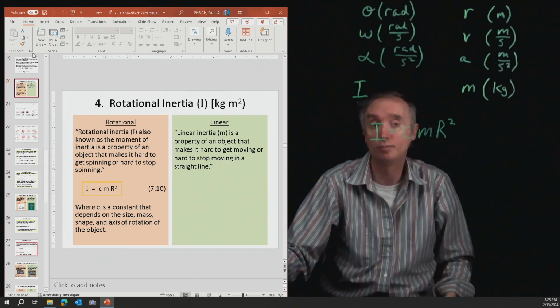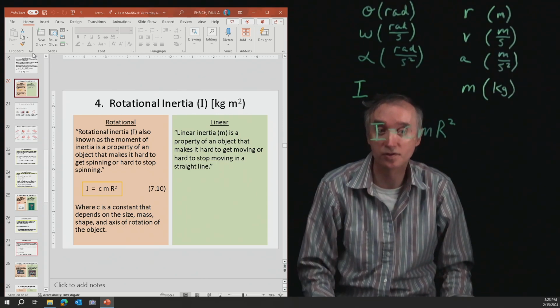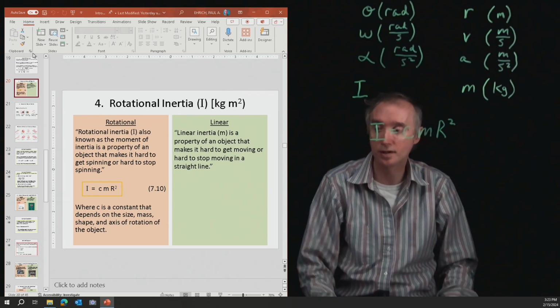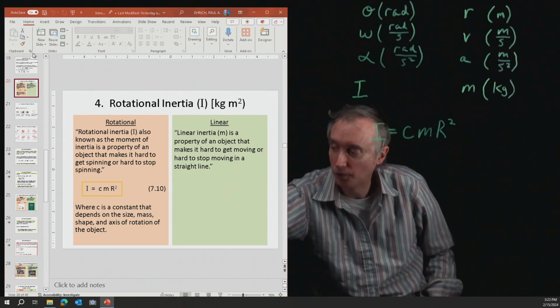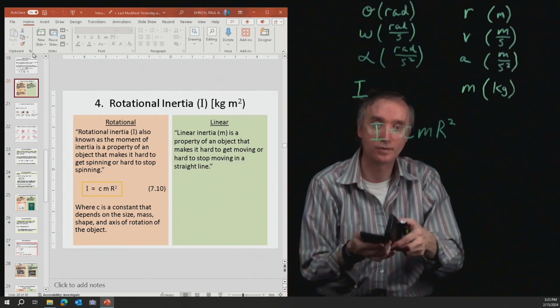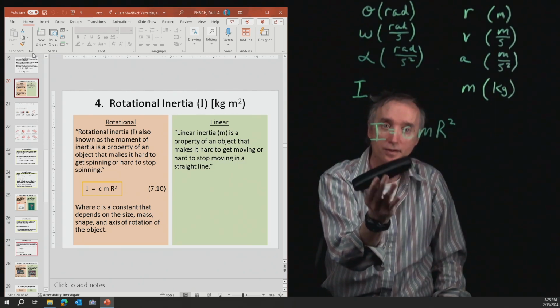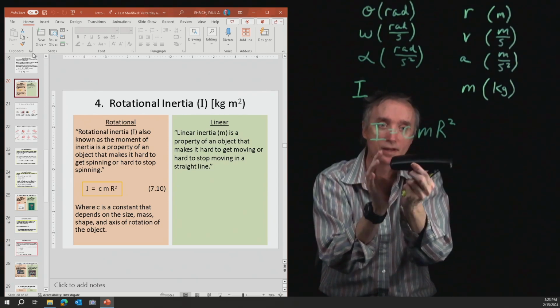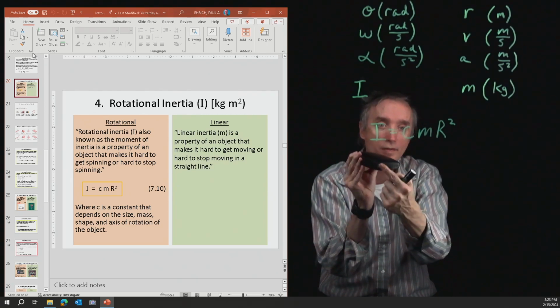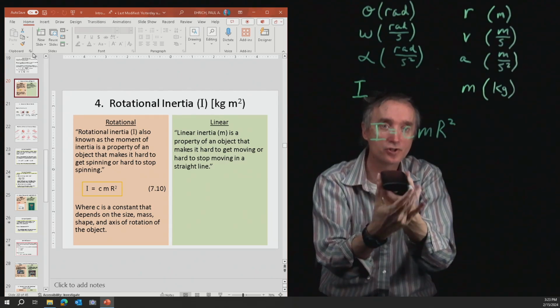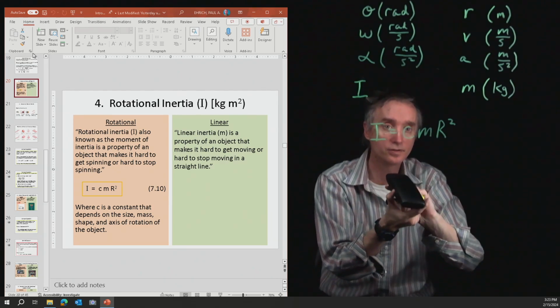Is it going to be like a bowling ball where it's a sphere, or is it going to be like a plate like this? So is it going to be something like this that has a length and a width? So it depends on the shape of the object.